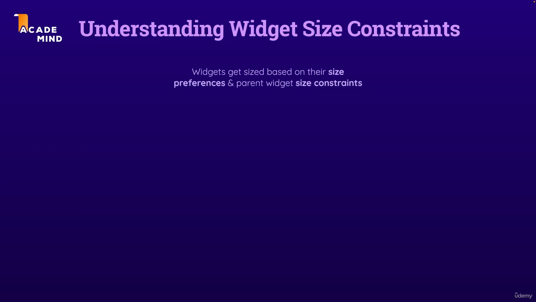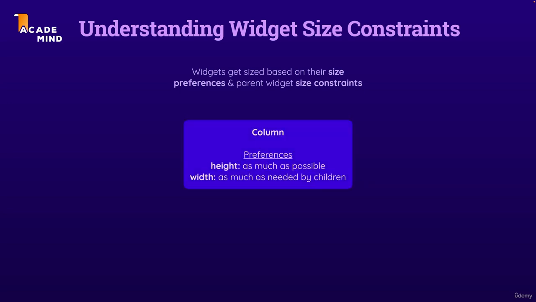And to make this sentence a little bit less abstract, let's take a look at the column widget. This column widget has some preferences regarding the size it wants to occupy. It wants to take as much height as it can get, but it only needs as much width as defined by its largest child, so as defined by its children overall.